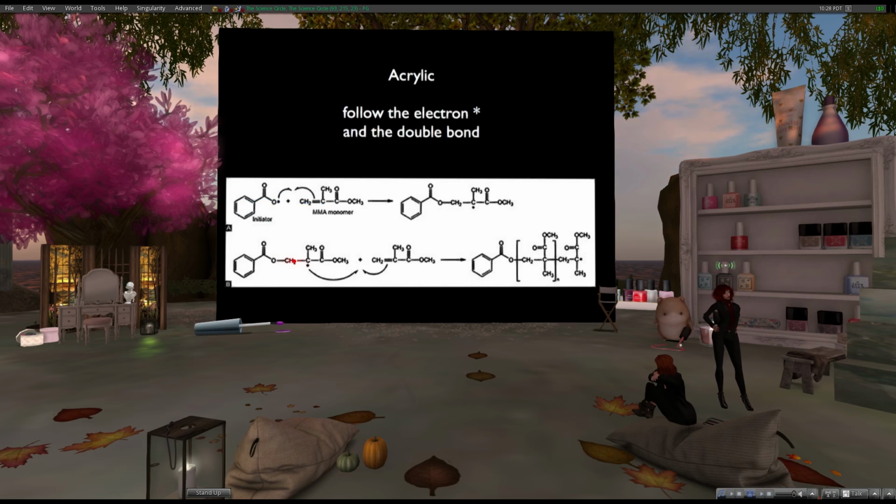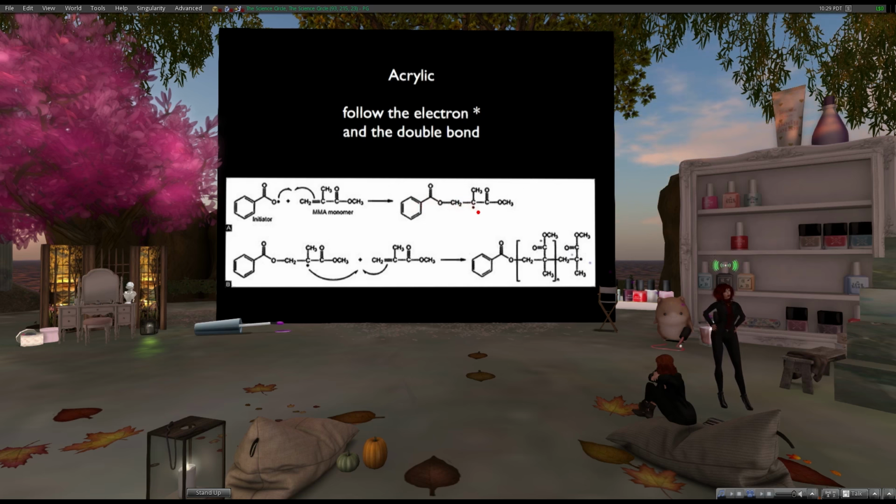Okay, so for example, here's the formation of an acrylic nail polish. If you follow the bouncing electron, which is the asterisk here, we have our photoinitiator on the left, which absorbs an ultraviolet photon and gets excited. There's the electron, and that electron comes over, and here's the monomer. Watch the double bond. Over here, the photoactivator hits, the double bond is gone.